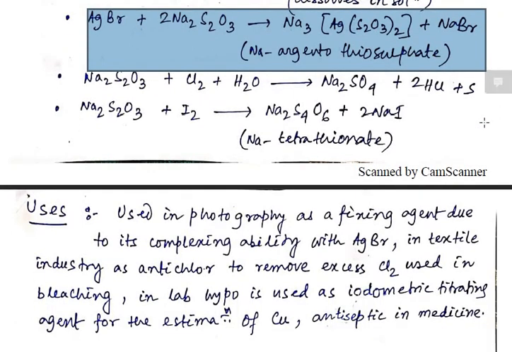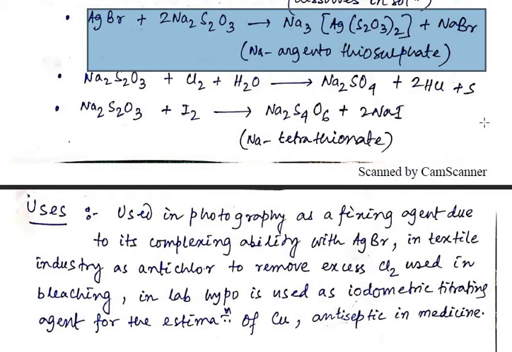So this is also in the uses portion, that is it is used in photography as a fixing agent due to its complexing ability with AgBr. In the textile industry it is used as an anti-chlor to remove excess amount of chlorine used in bleaching. In the lab, hypo is used as an iodometric titrating agent for the estimation of copper, and it is also used as an antiseptic in medicine. So many uses are there.